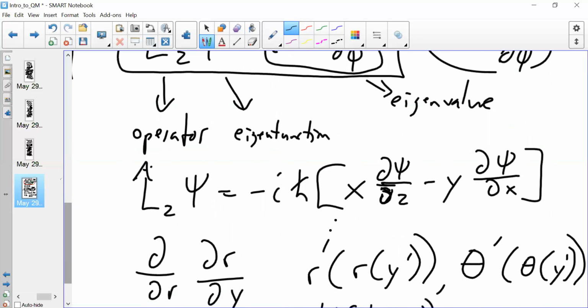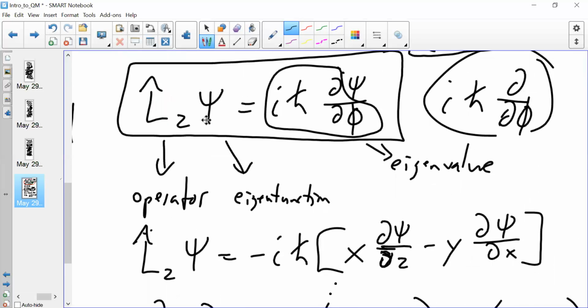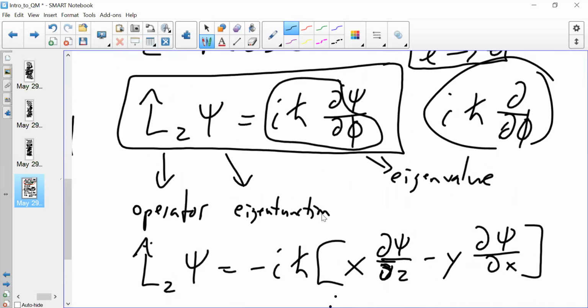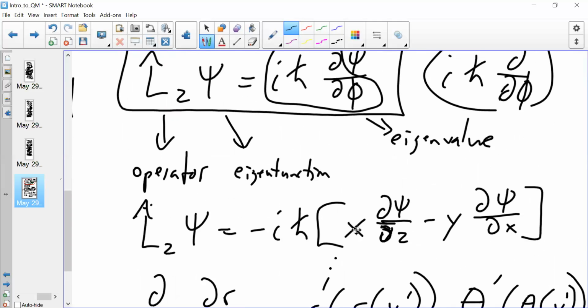Okay, so now let's take this LZ. I keep wanting to use my finger. So we're going to transform LZ psi into its eigenvalue function form. LZ psi is equal to negative i h bar x del psi del z. Now, why do we get that?